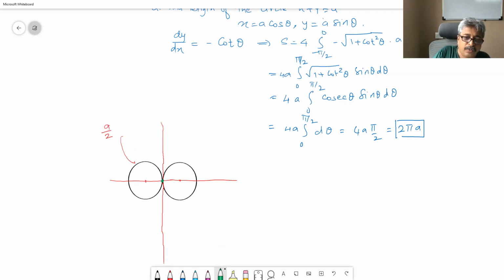When this circle goes onto the other side, this is the fixed circle, this is the rolling circle. So this green point, once it goes this way, the green point is going to be on the other side here, and then after completing a rotation, the locus of the green point is going to be like this.